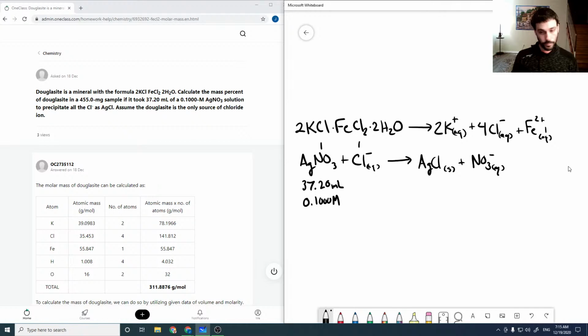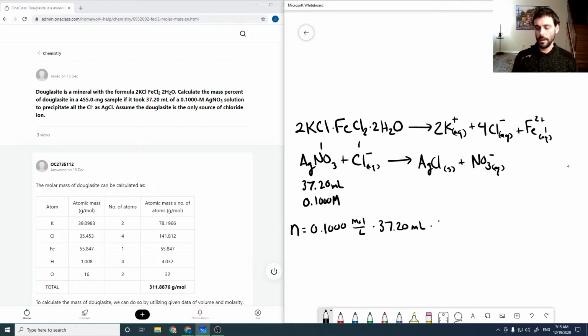So our moles are our concentration, in moles per liter, times 37.20 mils, so our volume.